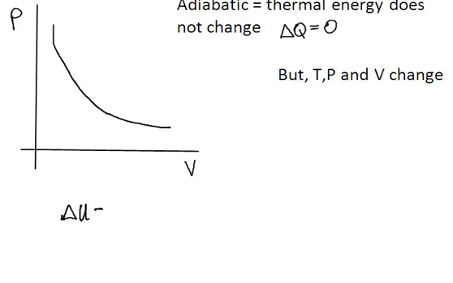Delta U is equal to Q plus W. So the change in internal energy of the gas is equal to the thermal energy added to or removed from the gas plus the work done on the gas. So in this case, Q is going to be 0. So that means that delta U will be equal to W. So that means the change in internal energy is equal to the work done on the gas. The change in internal energy is equal to the work done on the gas for an adiabatic process.